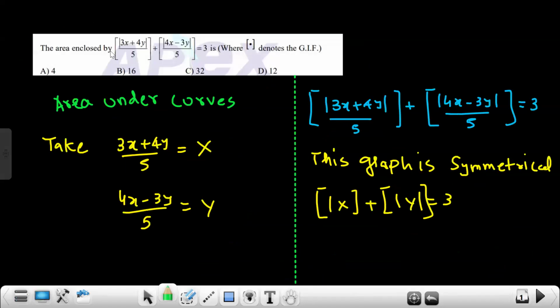That means 3x plus 4y by 5 should be in between 0 and 1.